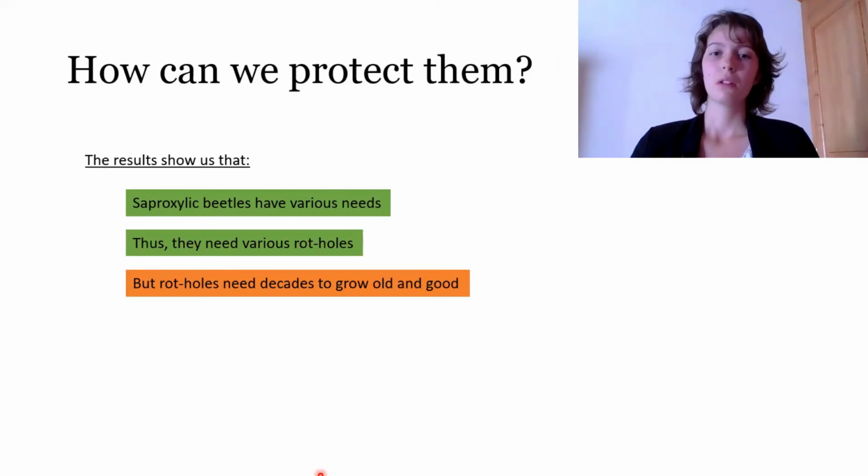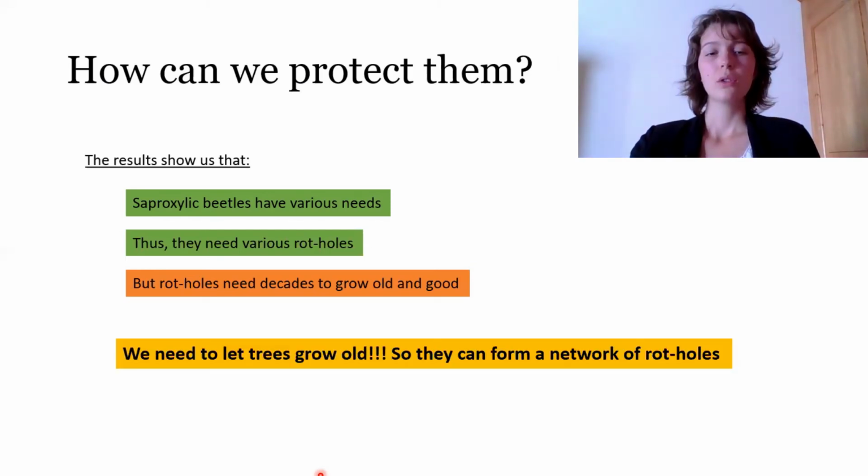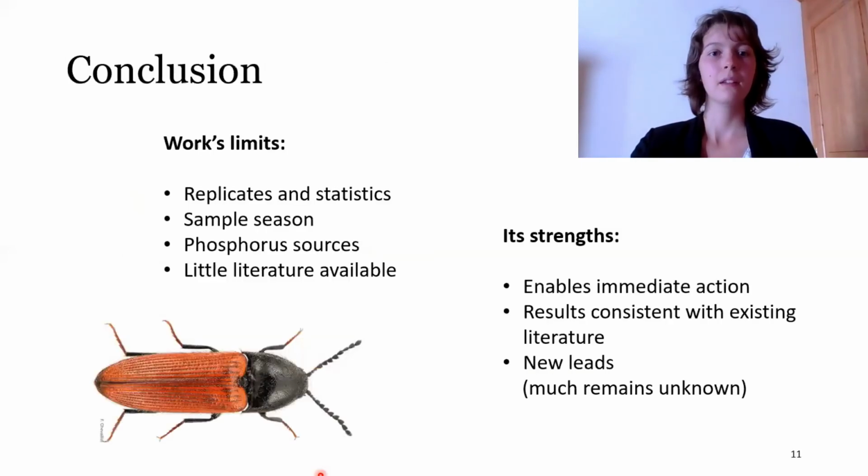So the problem today is that the majority of trees in forests are felled before cavities can form. Thus, beetles cannot find suitable habitat, and that does explain the drastic drop in their populations. So to protect them, we really need to let more trees grow old in order to protect the associated species by creating networks of suitable habitats.